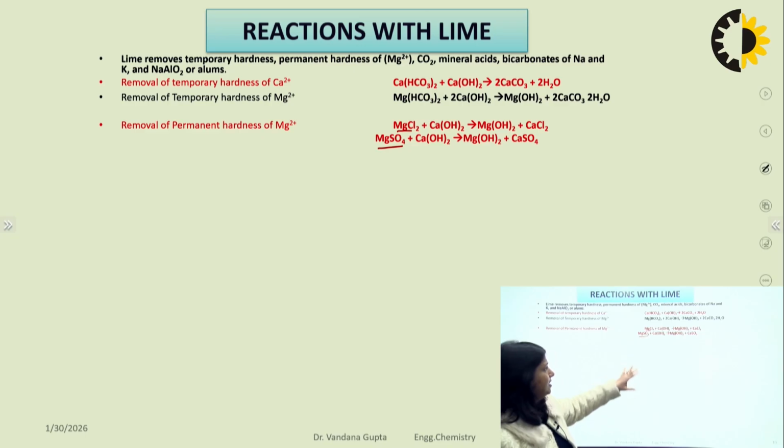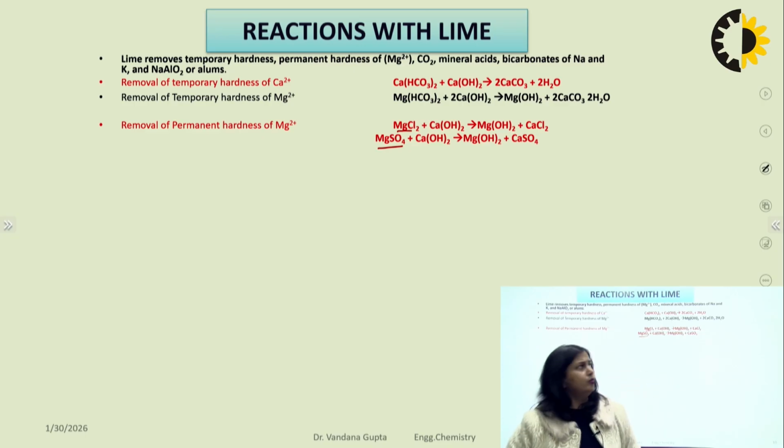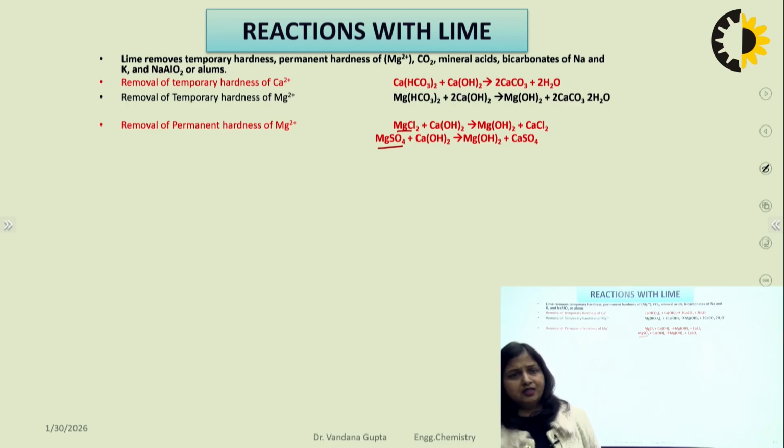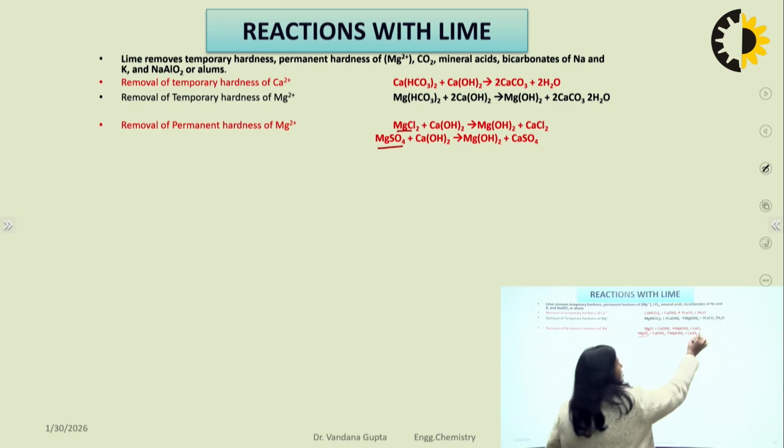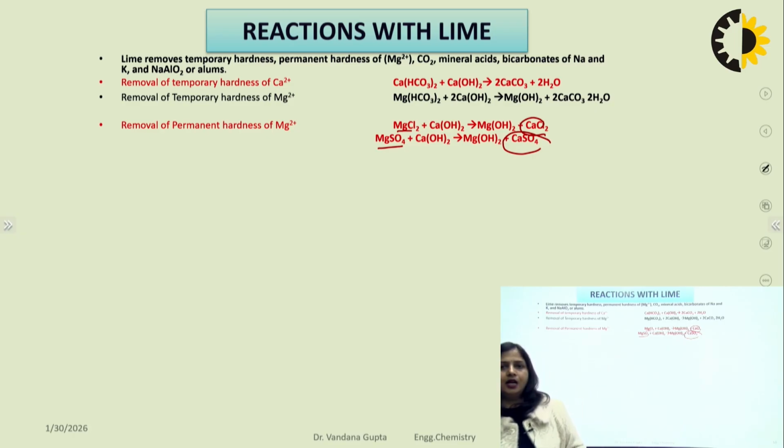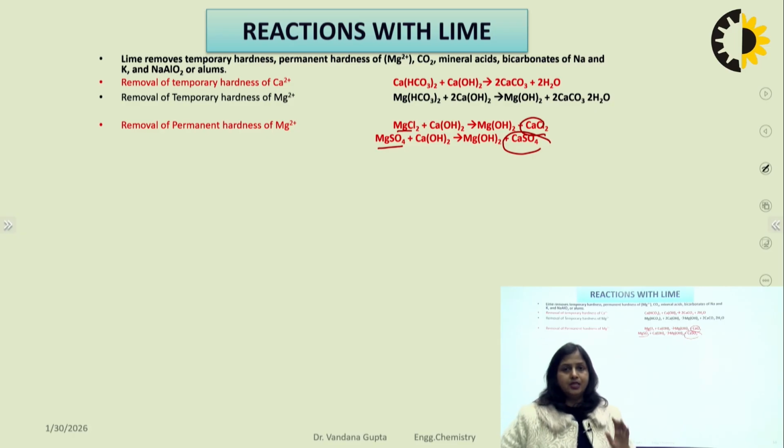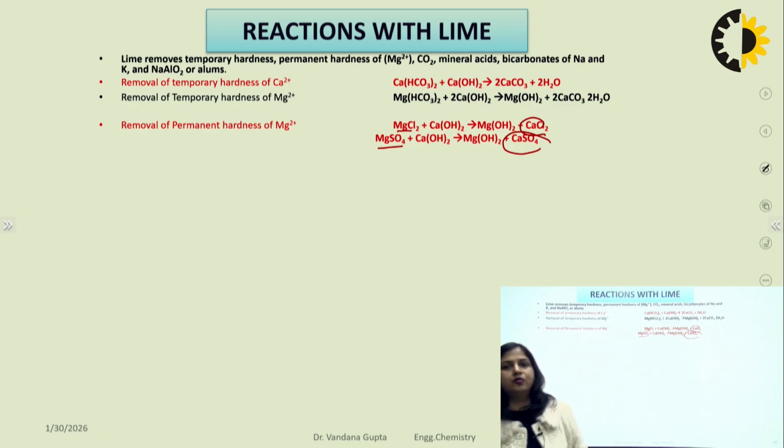By this reaction, magnesium chloride and magnesium sulfate can be removed from the water, but simultaneously a new type of hardness is also introduced in water, that is calcium chloride and calcium sulfate. They will cause permanent hardness of calcium. This type of hardness cannot be removed by the lime. This hardness is removed only by soda. Now move on to the next reaction.